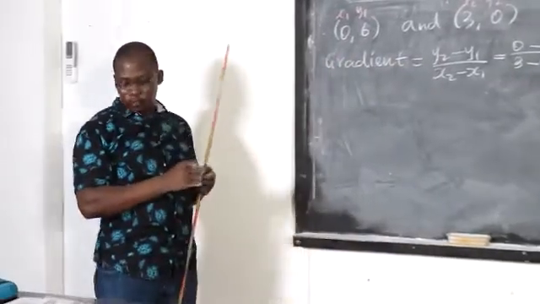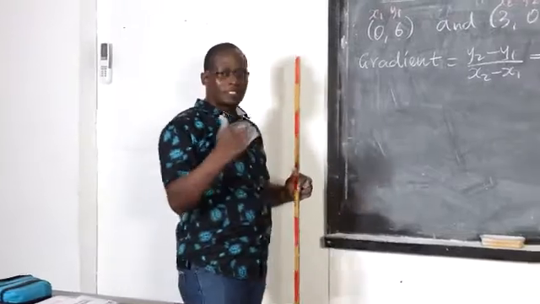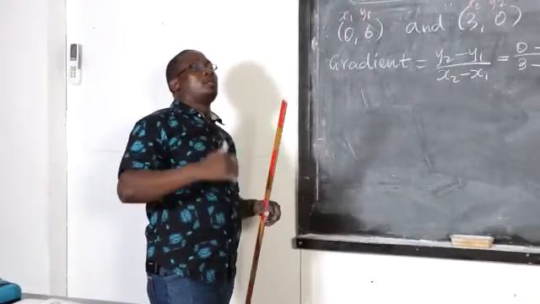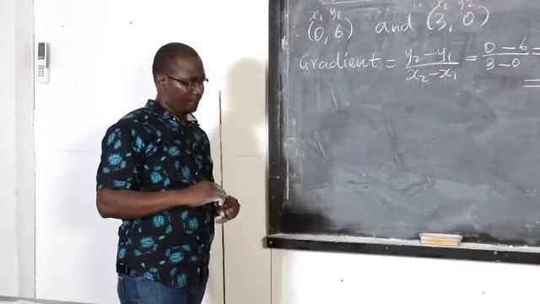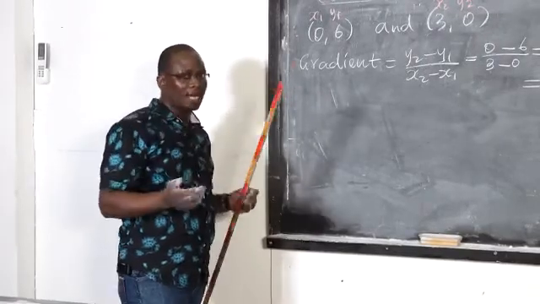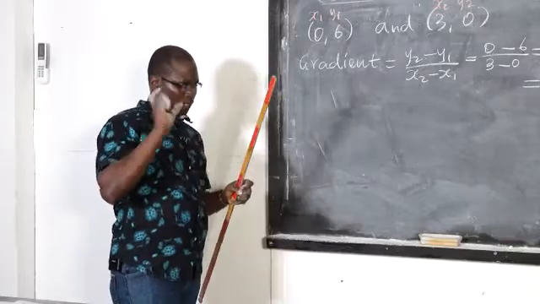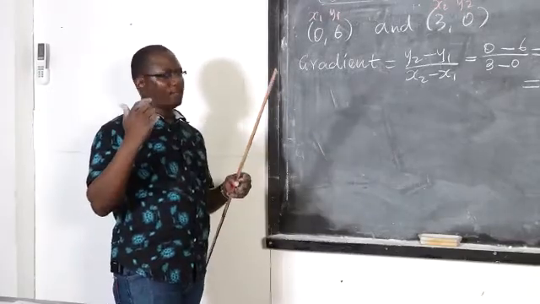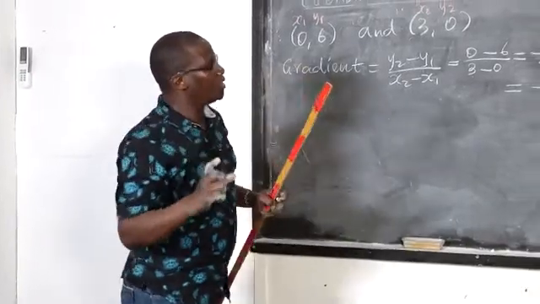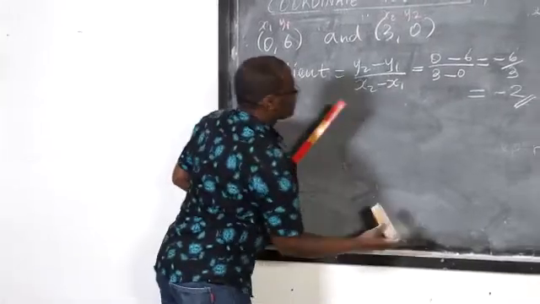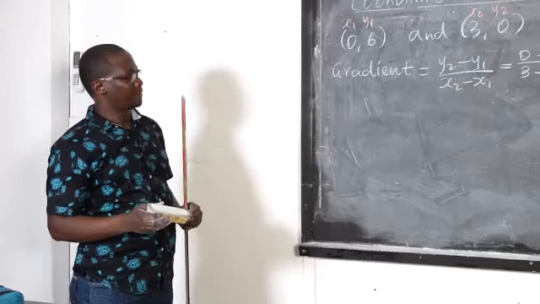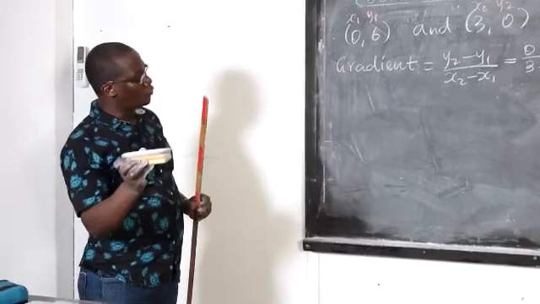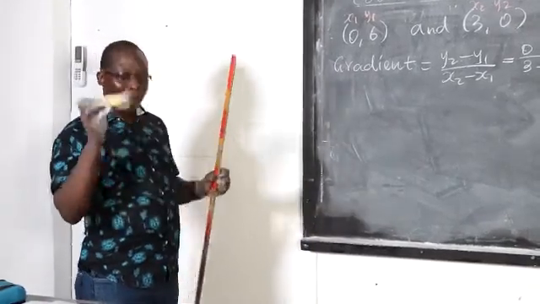So we are moving on to the next objective. This is how to find the equation of a line given 2 points. Then we are also going to see how to find the equation of a line from given 2 points. So that's how you should be able to calculate the gradient. So before we move to that, we want to see how to find the gradient from an equation.